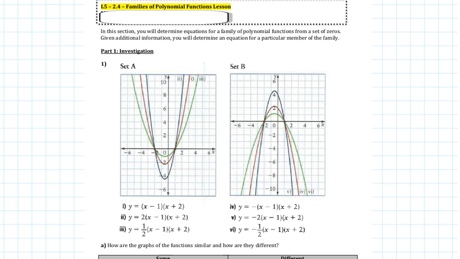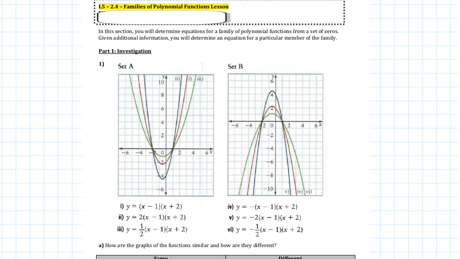So let's look at what would be the same. If I'm looking at this, I can say that they have the same x-intercepts, right? All 3 graphs intersect at the same values, which are -2 and 1. Can you tell me if they might have the same degree?